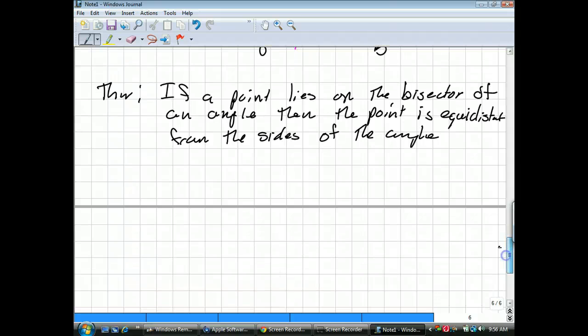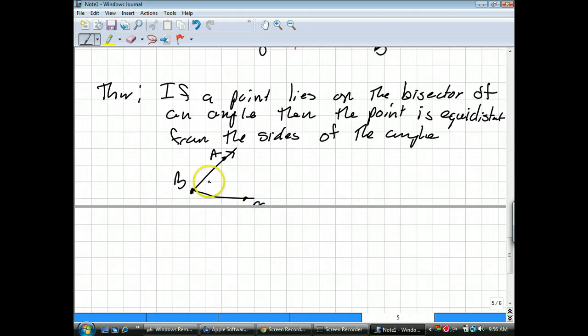Okay, so if you have angle ABC, and BX is a bisector, okay, in other words, angle ABX is congruent to angle XBC, then we know that the distance from X to this side of the angle and X to this side of the angle has to be the same distance.